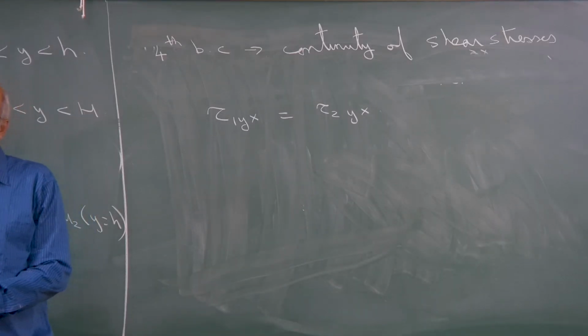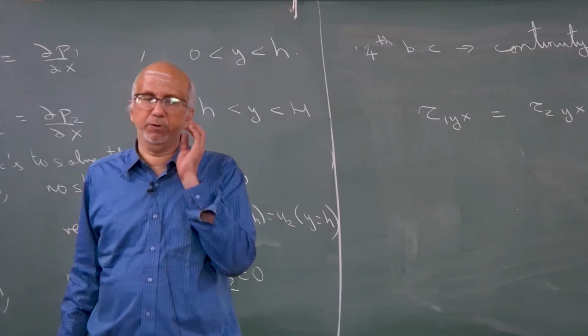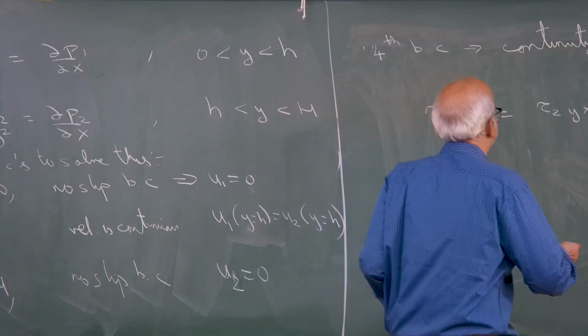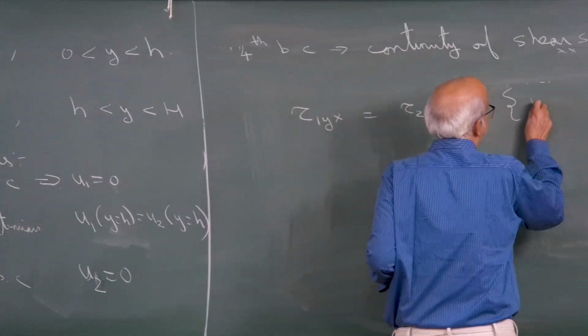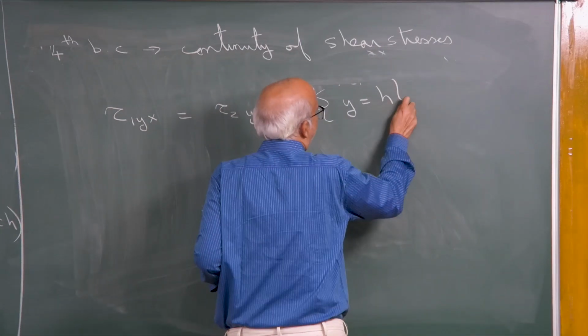Okay. Again, subscript 1 is for the first fluid, and this is only at the boundary, at y is equal to small h.